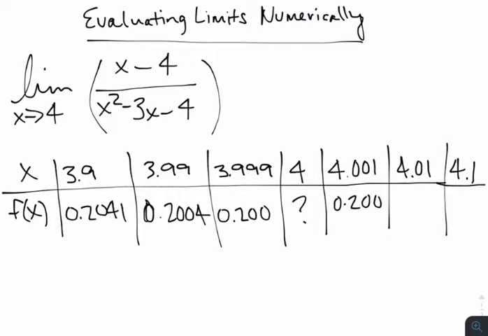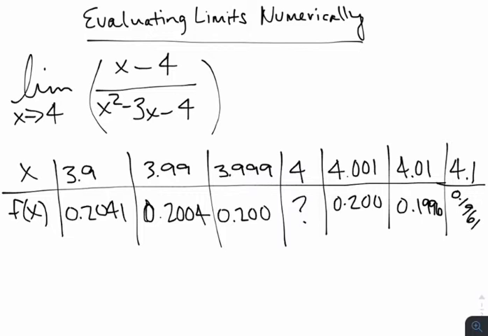Now, 4.01 actually gives us 0.1996. Running out of room there, but I was able to get it. And now 4.1, when putting that into the equation, gives us a smaller number, 0.1961.